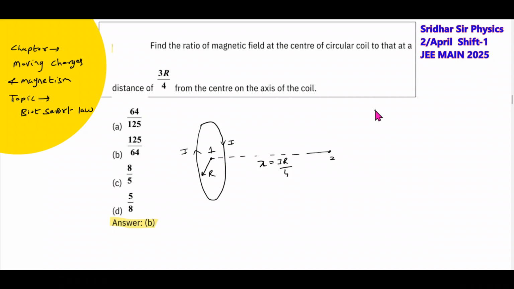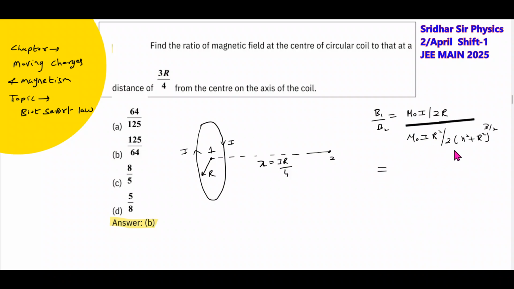What is B1 by B2? The magnetic field at the center is mu naught I by 2r. The magnetic field at a distance x on the axis is mu naught I r square by 2 into x square plus r square to the power of 3 by 2. This is our basic formula.